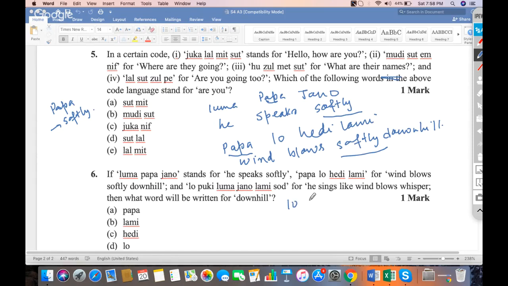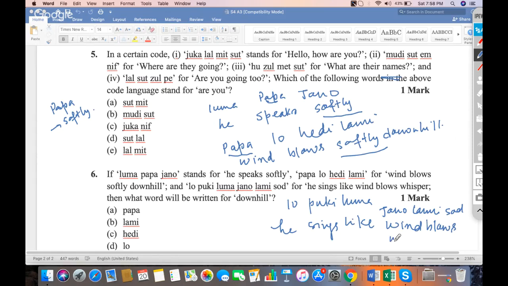And Lo, Puki, Luma, Jano, Lamy, SOD, he sings like wind blows whisper. So I have to find it out for downhill.